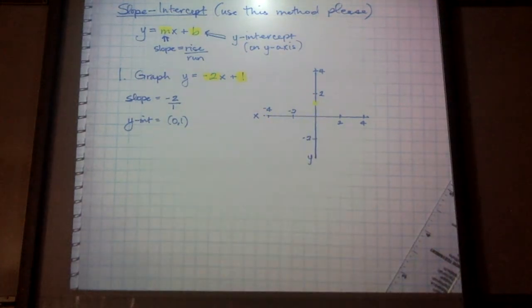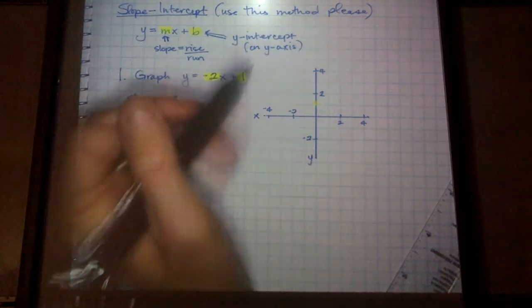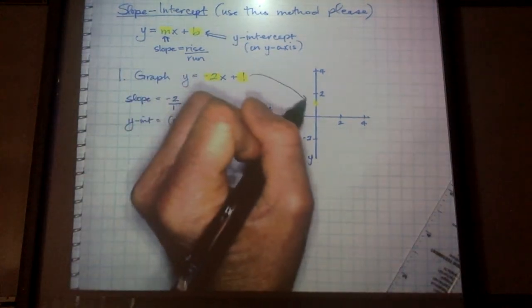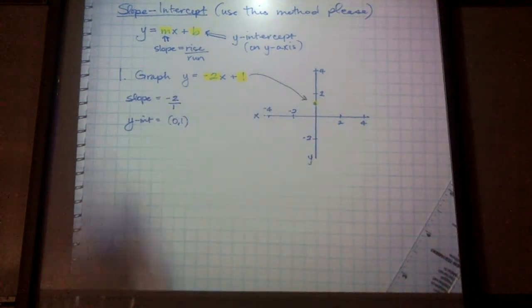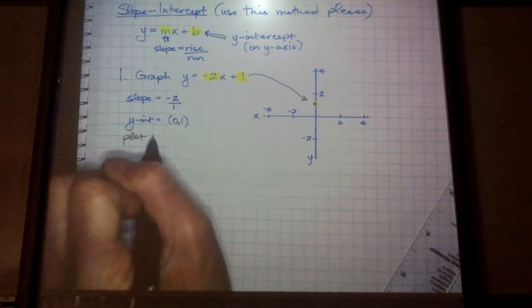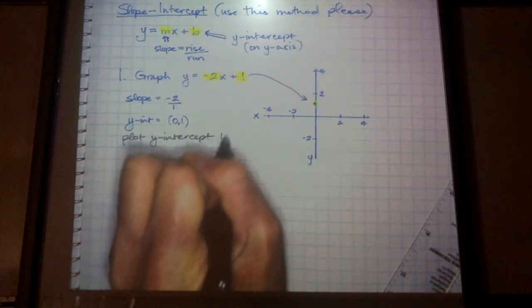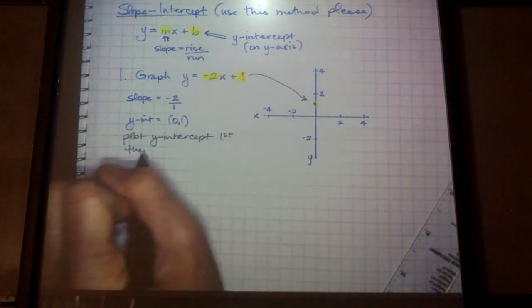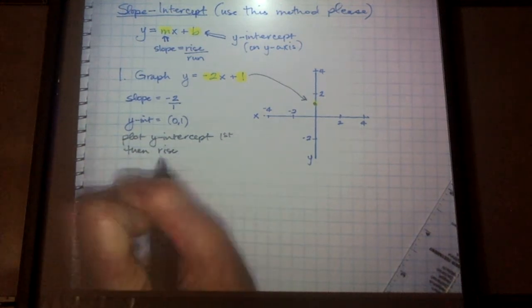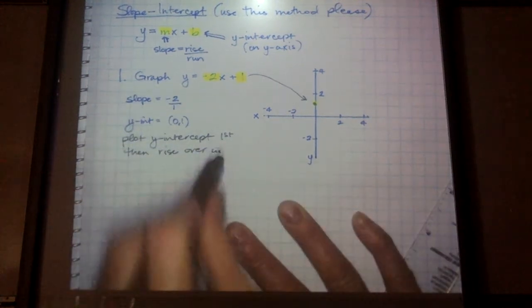I hope you guys can see that. If not, I'll make that really apparent. Okay, so you're going to plot the y-intercept first, then rise over run.